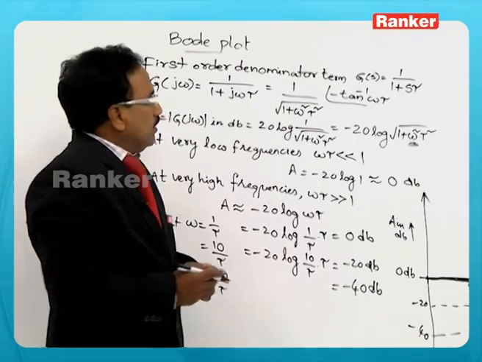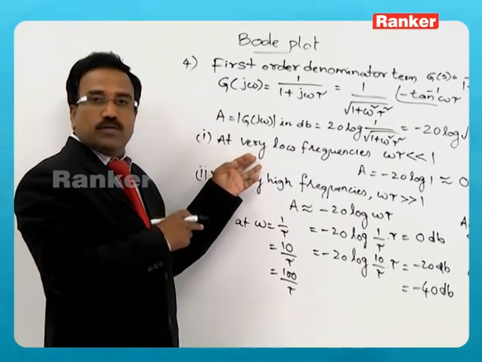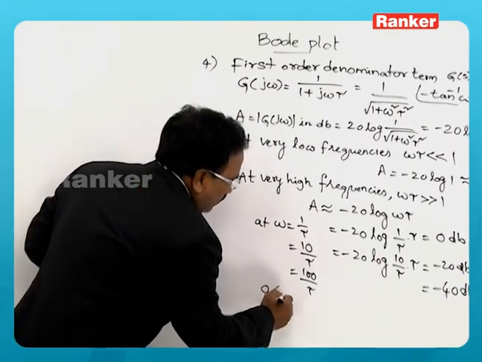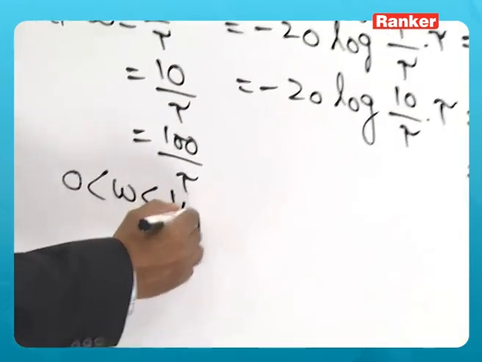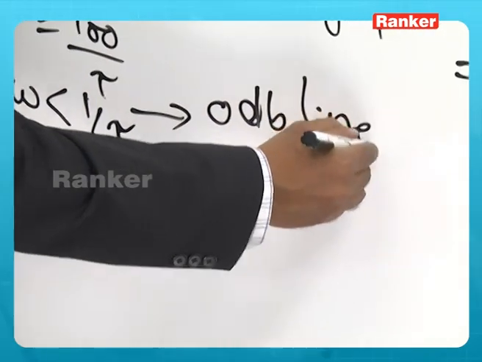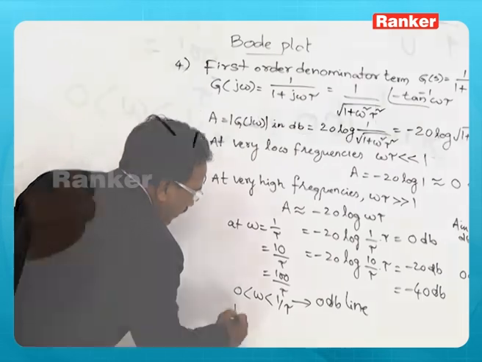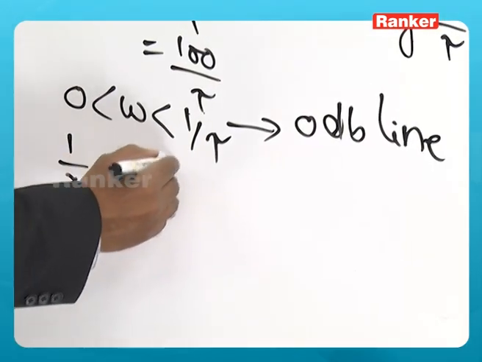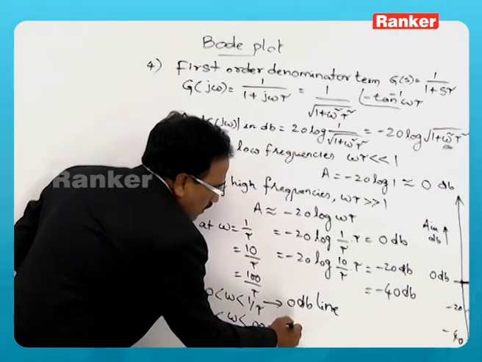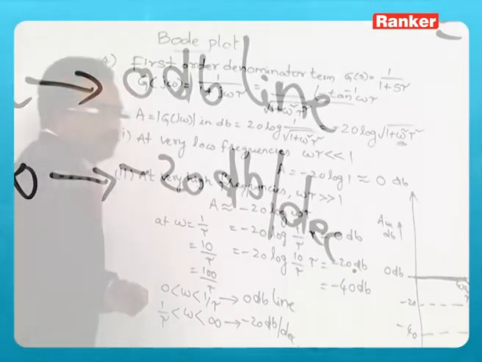So, I have considered two cases. At very low frequencies it is a 0 dB line, that means between 0 omega up to 1 by tau it is a 0 dB line, and between 1 by tau omega up to infinity, for high frequencies, it has a slope of minus 20 dB per decade.